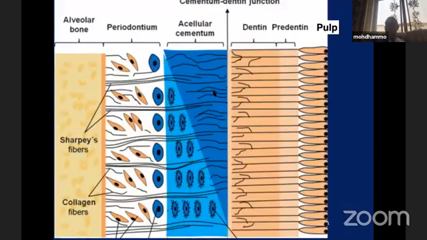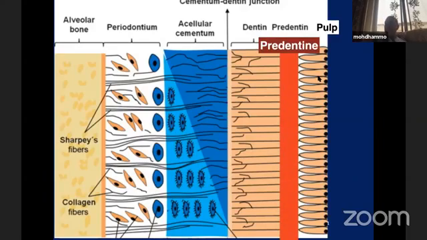Now, to remind you, from outside to inside, we are dealing with alveolar bone, then periodontium, then cementum, then dentine, then the pulp. We talked about two important layers. The first layer is between the pulp and dentine.